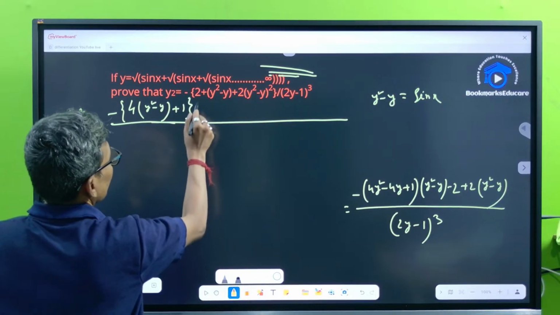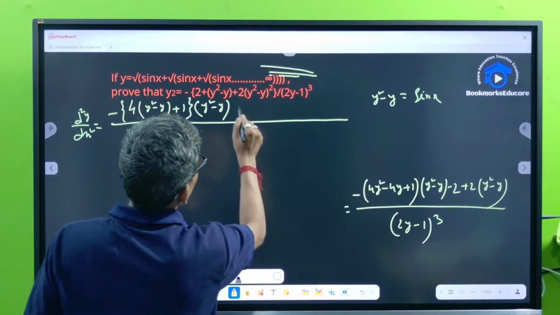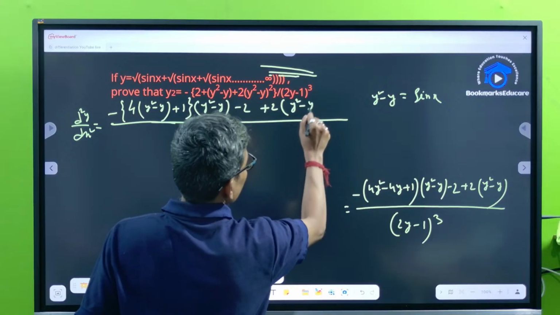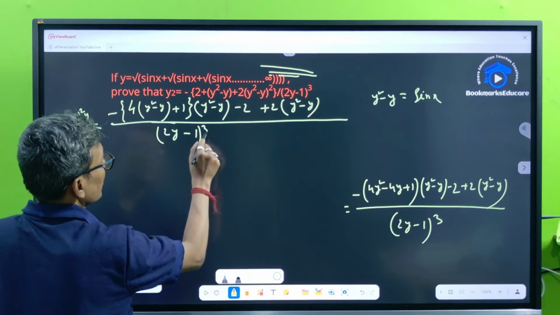Okay. So y square minus y minus 2 plus 2 into y square minus y by 2y minus 1 whole cube.